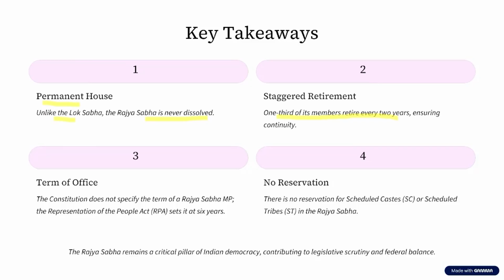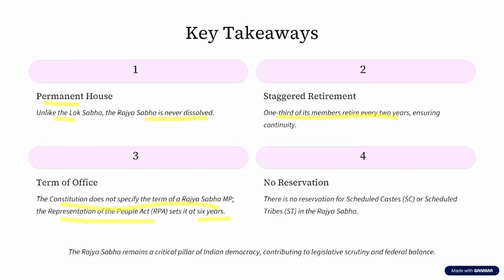Another very important thing is that for the Lok Sabha, the constitution specifies the term of the Lok Sabha MP. But for the Rajya Sabha MP, the constitution does not specify it. Rather, it is the Representation of the People's Act that specifies the term of office of the Rajya Sabha MP to be 6 years.